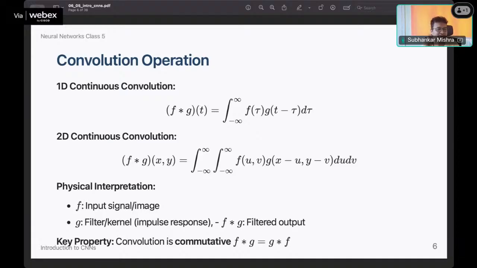This modifies the input signal. And the star means convolution, not multiplication. What we are doing is essentially sliding G on top of F. So F is given to us, and then we are just sliding G on top of it.